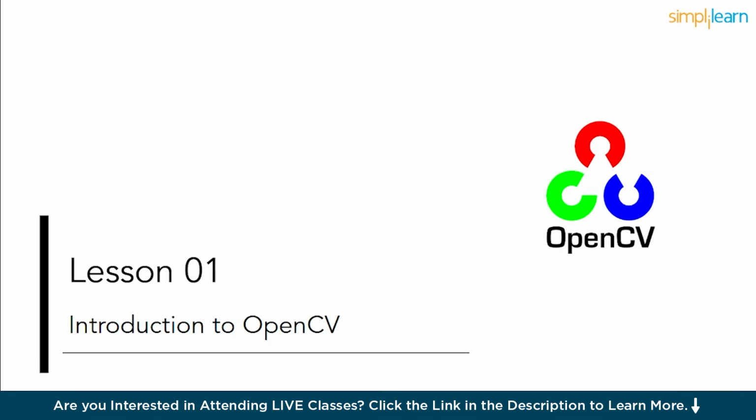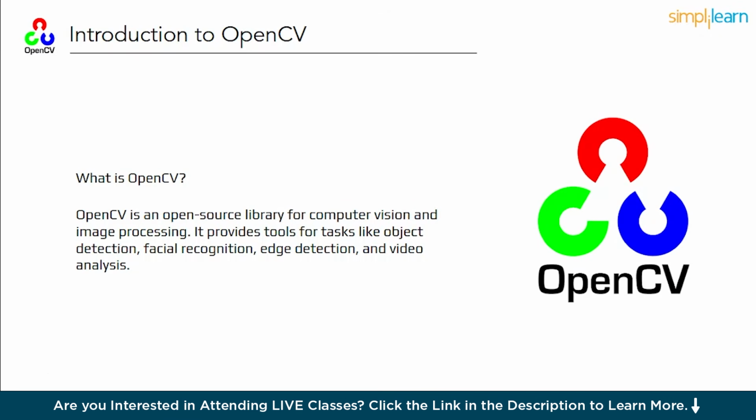So let's get started. I'll introduce you to what the OpenCV library is. OpenCV is a library that is precisely built for the purpose of computer vision and image processing. It has many tools given to us for object detection, facial recognition, edge detection, and video analysis.